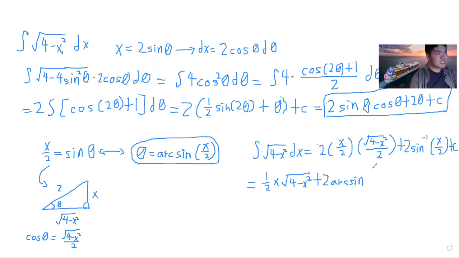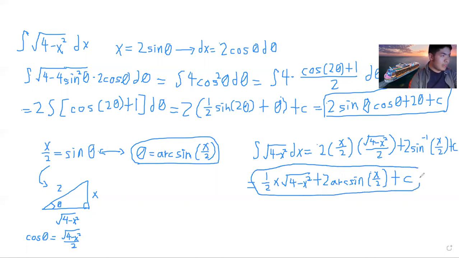I like writing arc sine as opposed to sine inverse, because sine inverse looks like 1 over sine x over 2. That's just my personal preference, though. You can write it either way. They're both technically correct. Arc sine x over 2 plus c. And that's the answer. Hand it in, A+, gold star.